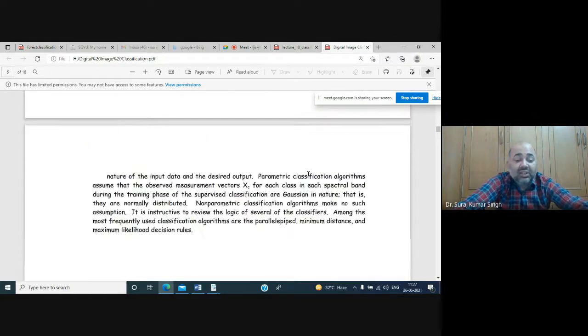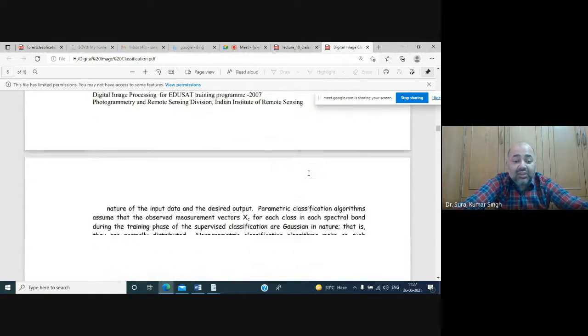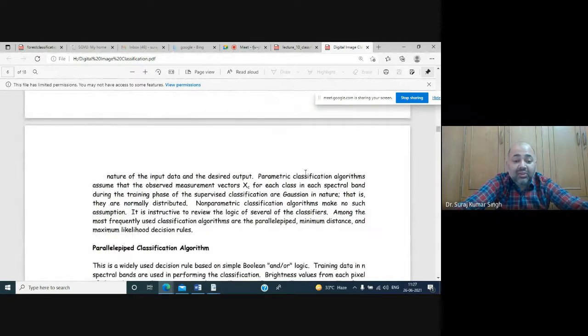There are different algorithms available in classification techniques, but the choice will depend on your results. There are various kinds of algorithms. One is parametric, the other is non-parametric. So you have two kinds of algorithms available while doing supervised classification: parametric classification and non-parametric classification.